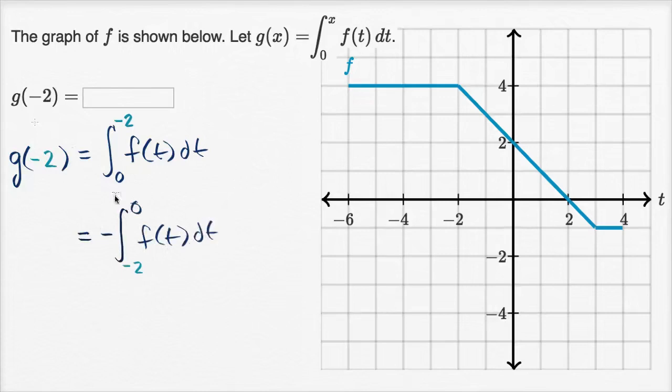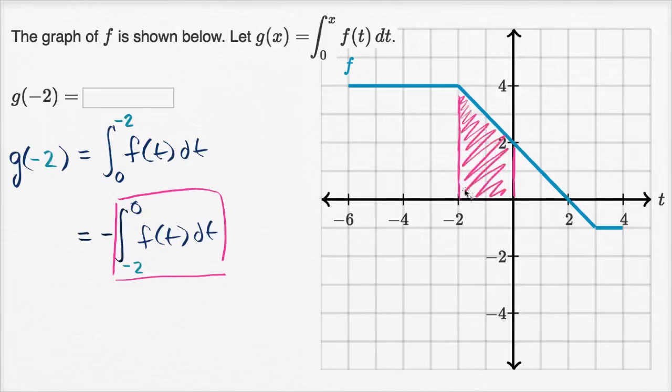And now what we have right over here, what I'm squaring off in magenta, this is the area under the curve f between negative 2 and 0. So that is this area right over here that we care about.